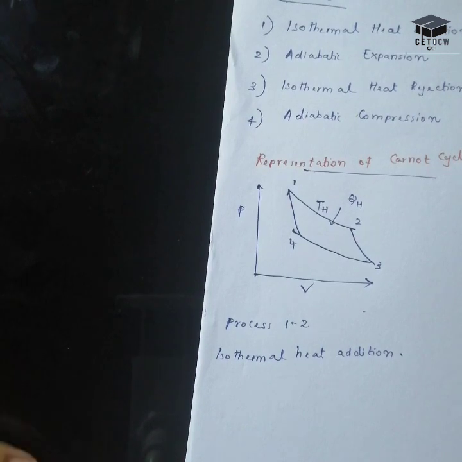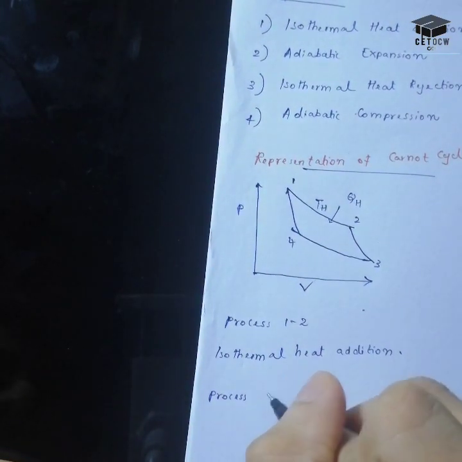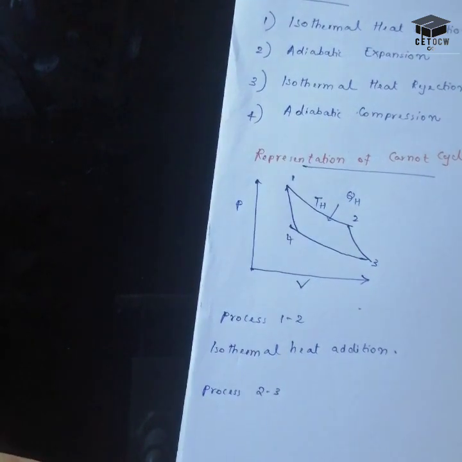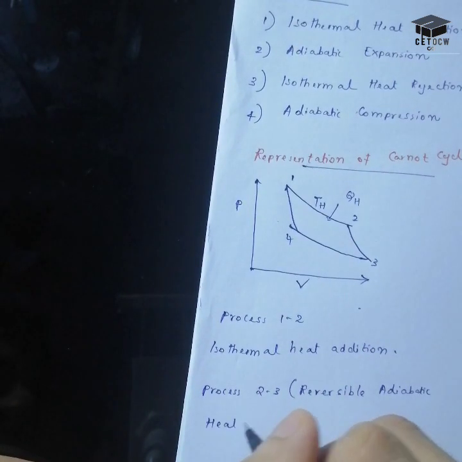And the next process, 2 to 3, is reversible adiabatic expansion.